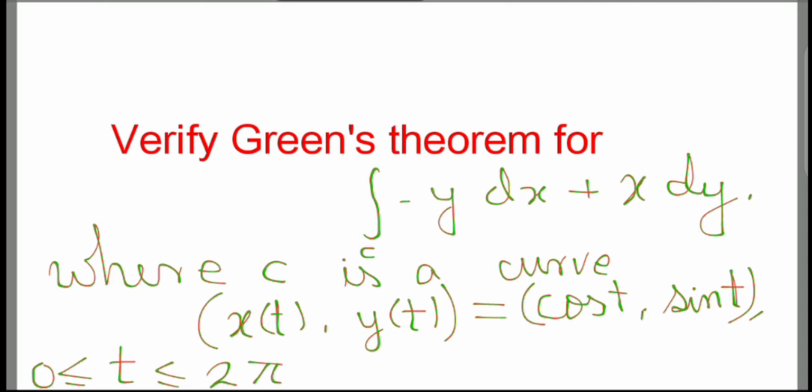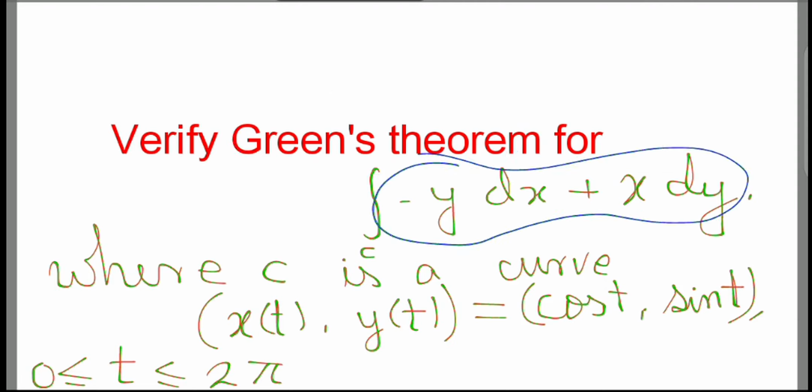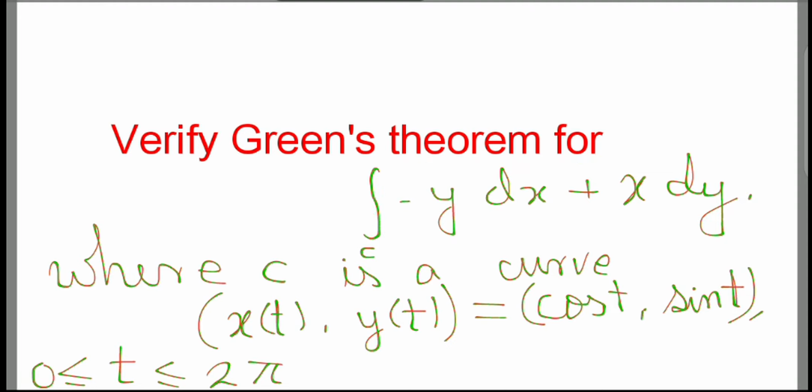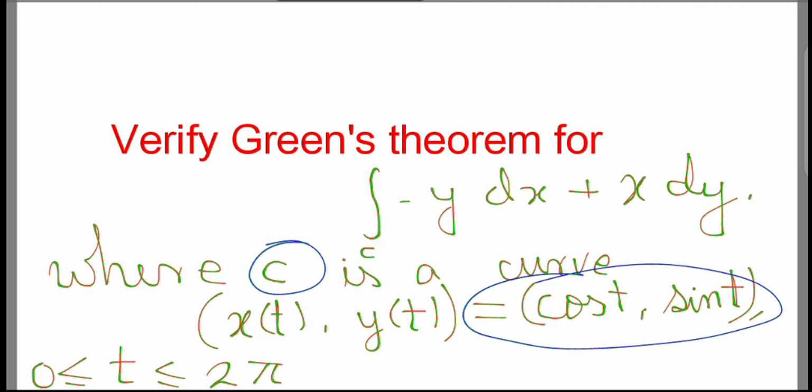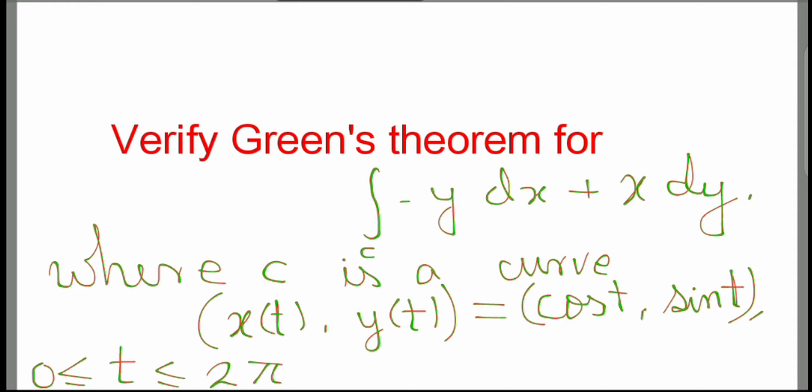Let us verify Green's theorem for the integral of minus y dx plus x dy, where the integral is along a curve given by x(t), y(t) equal to cos t, sin t, and t is changing from 0 to 2 pi.